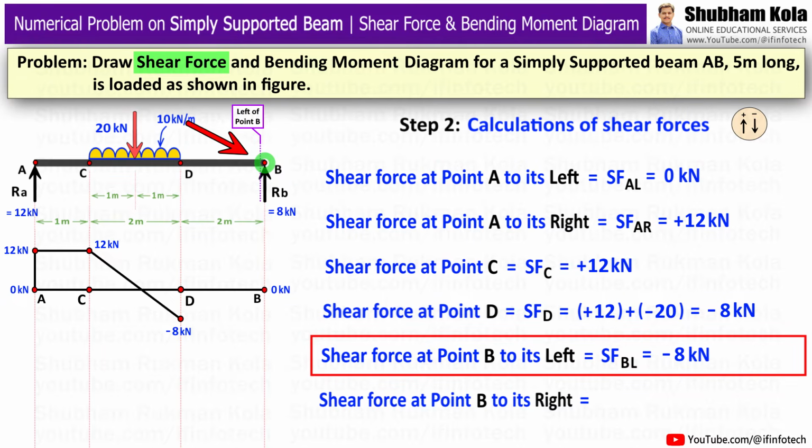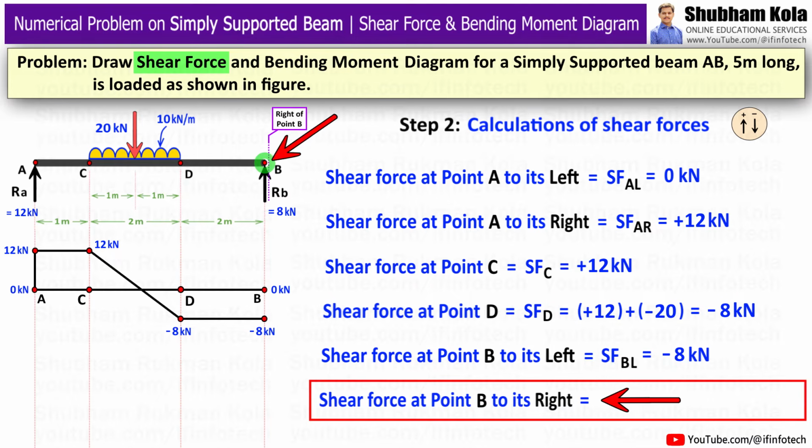And when we go to the left of point B, then there is no load acting on the beam at left side of point B. Therefore SF at B to the left equal to minus 8 kN. Here as you can see, there is no variation in shear force values. Hence I will make the horizontal line with shear force value as minus 8 kN.